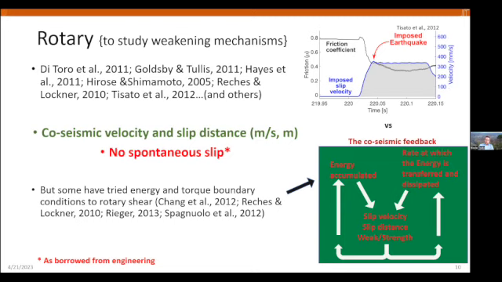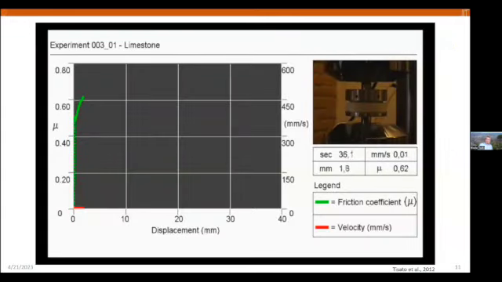So Elena Spagnolo tried to use an electronic feedback to control the nucleation of earthquakes and then control the energy provided. But you know, we 10 years ago, again in 2012, we got to a different idea to use a spring, which I'm going very quickly.